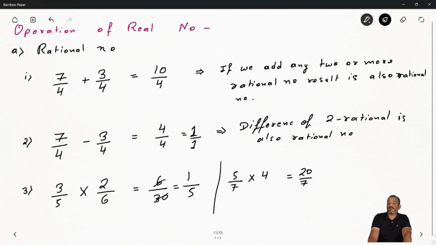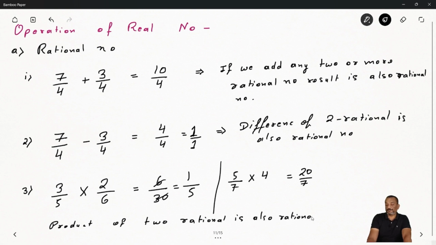Which means the product of any two rational numbers, or two or more rational numbers, is always a rational number.